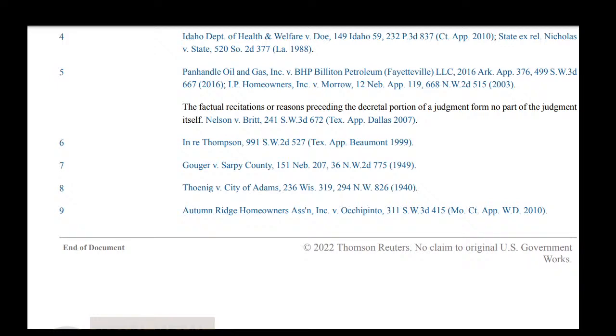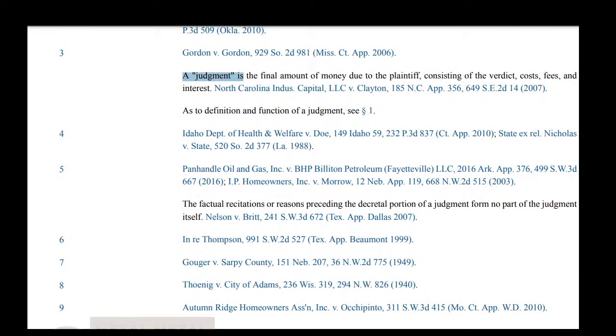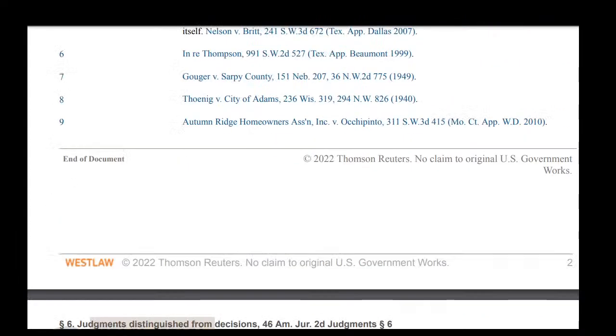Here it is. A judgment is the final amount of money due to the plaintiff, consisting of the verdict, the costs, the fees, and interest. That's North Carolina Industrial Capital LLC versus Clayton, and that's in North Carolina, 2007. There's your information. Let's continue.